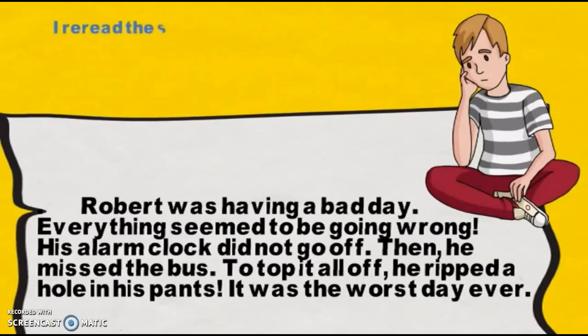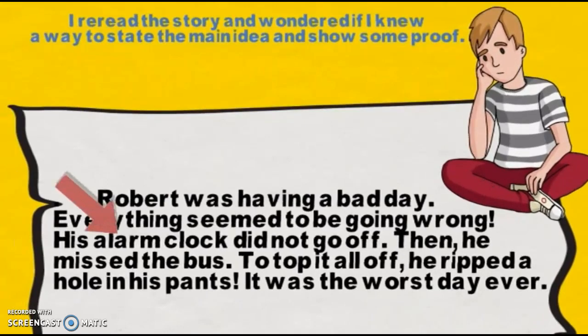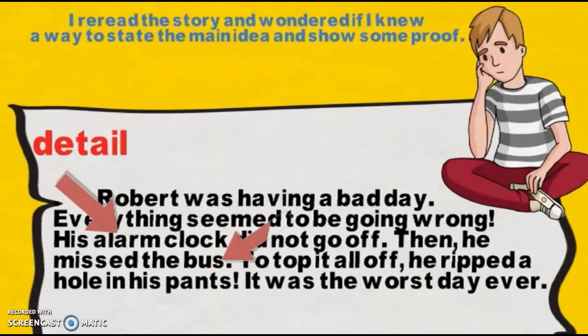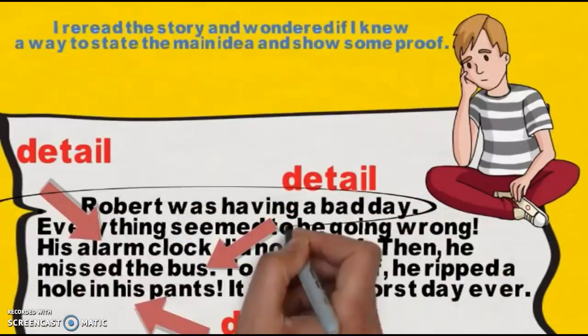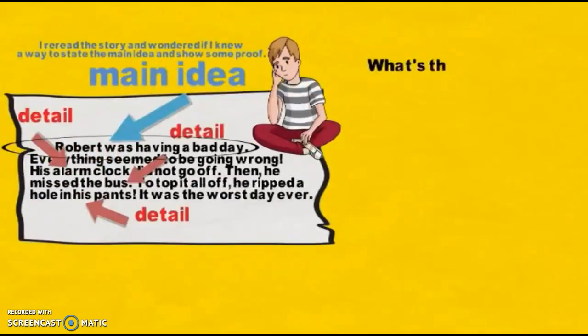I reread the story and wondered if I knew a way to state the main idea and show some proof. I found details that gave hint after hint. Now I think I know just what that question meant. What's the main idea?